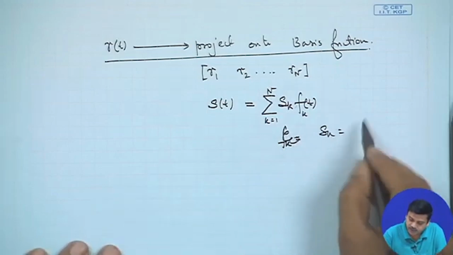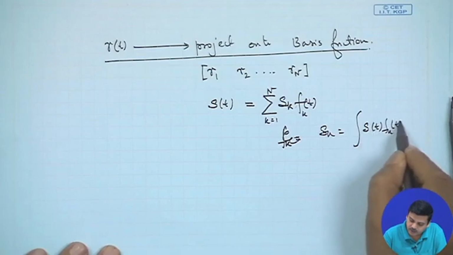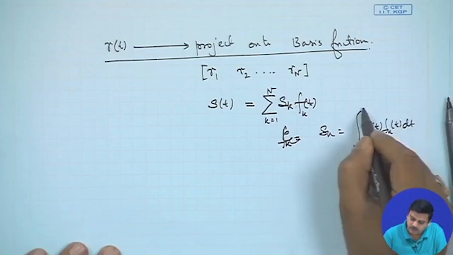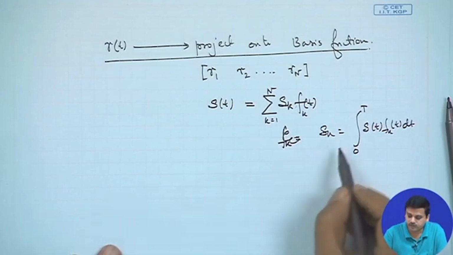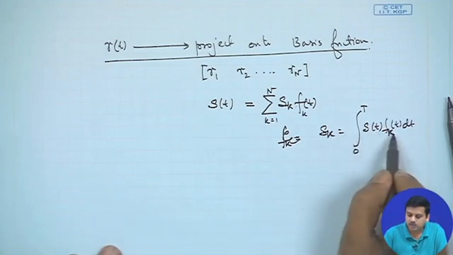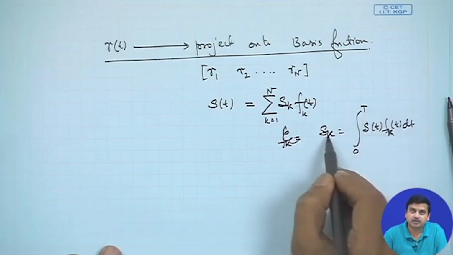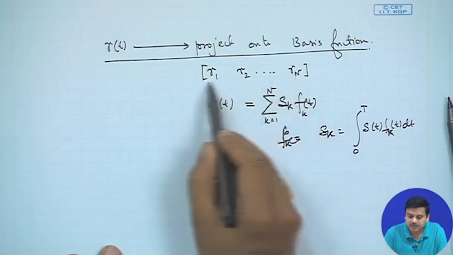Sk you could find by integrating S of t with Fk of t dt from 0 to T. This would give you the component of the signal. So, basically you have to project the signal onto the basis function, and you find this component. If there are n dimensions, you have to do that for each.